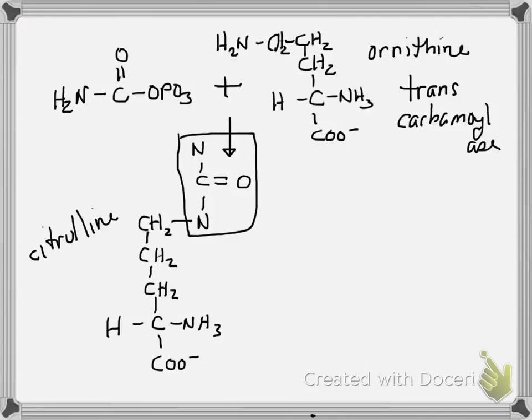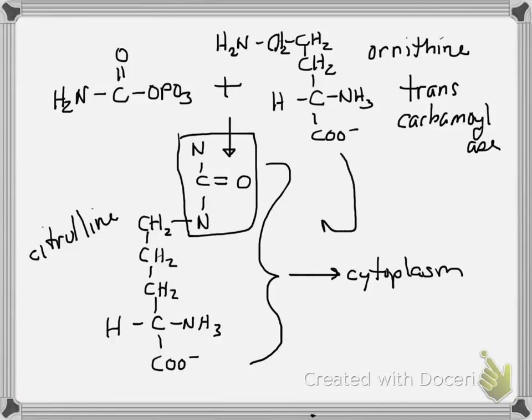Now at this point, these first couple of reactions have been happening in the mitochondria. The citrulline is transported at this point into the cytoplasm. It's an antiporter, and what is transported back into the mitochondria is ornithine.